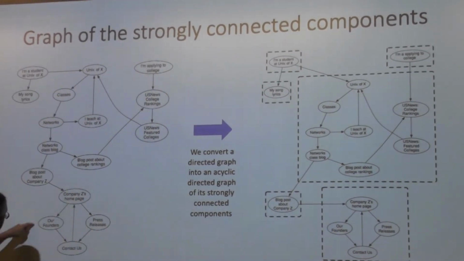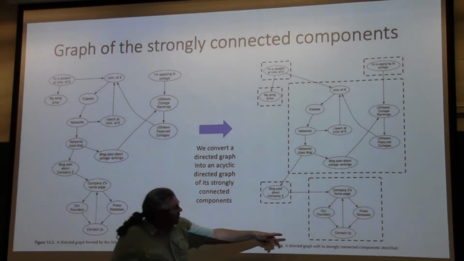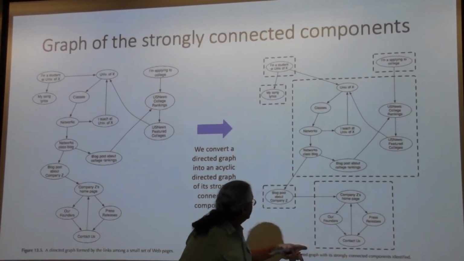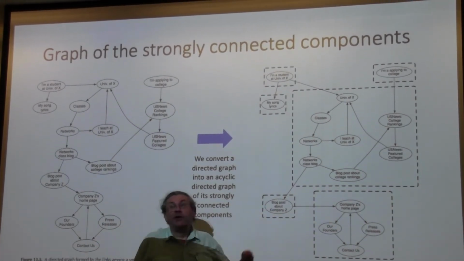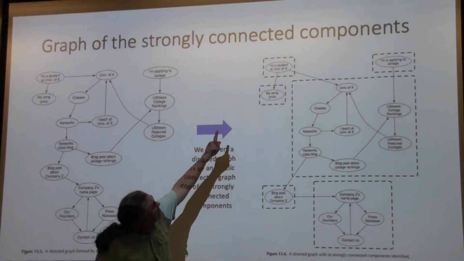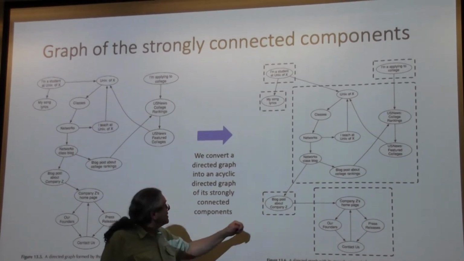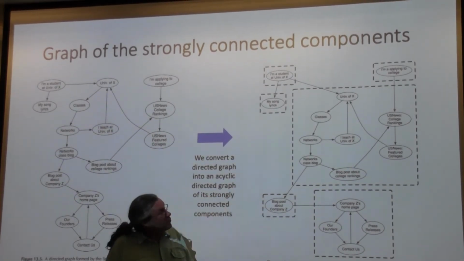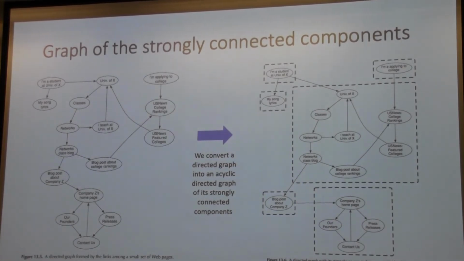This little piece is also a supernode, a strongly connected component. Right here, this is another supernode. And this little node is also a supernode by itself, because there are no other nodes there. And if you look at how the supernodes are connected, there are no cycles. It's acyclic. There are no cycles, of course, because if there were a cycle, that would be another strongly connected component, okay?